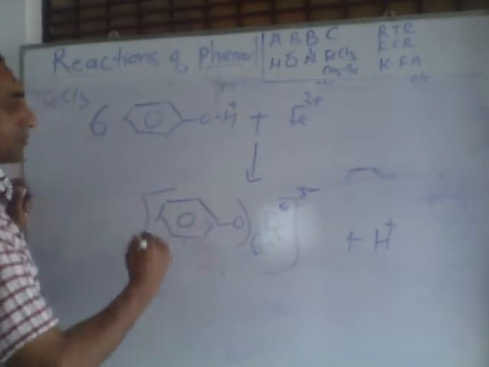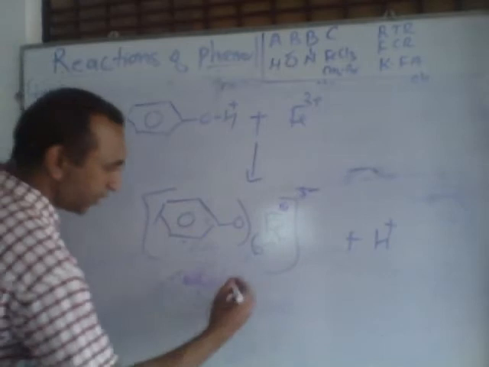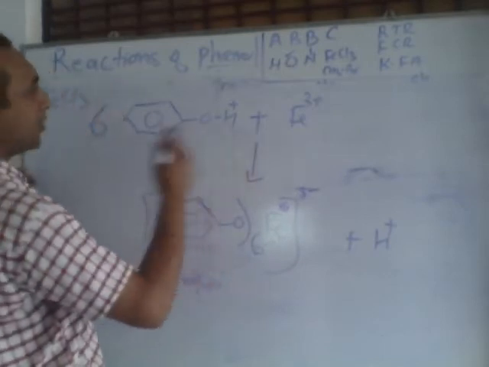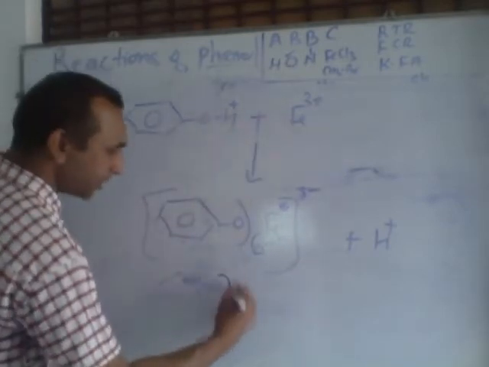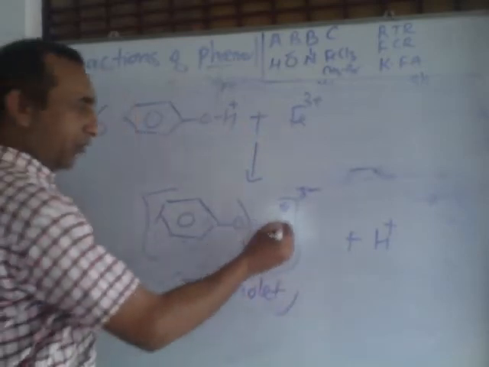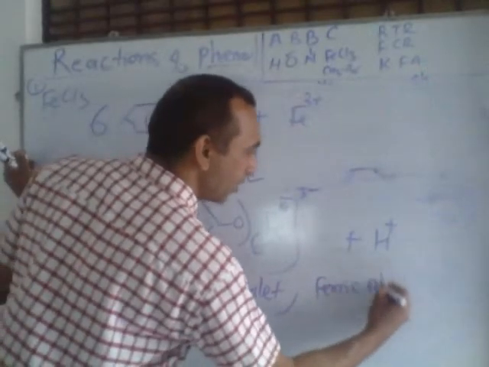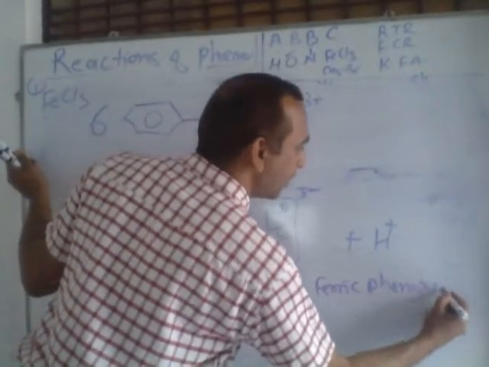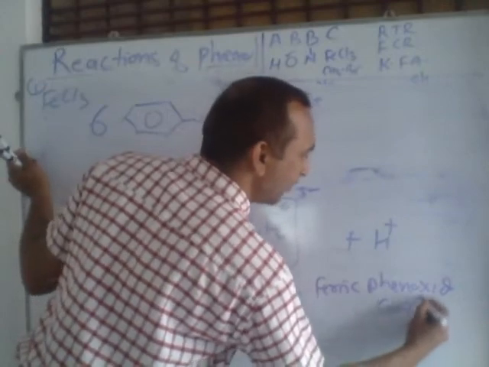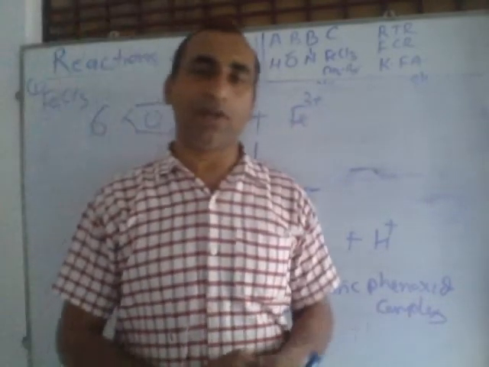Its color is yellow, otherwise blue violet, depending on the concentration of these two. So sometimes a violet color appears. This is the ferric phenoxide complex, of which generally a violet color appears. This is the test of phenol.